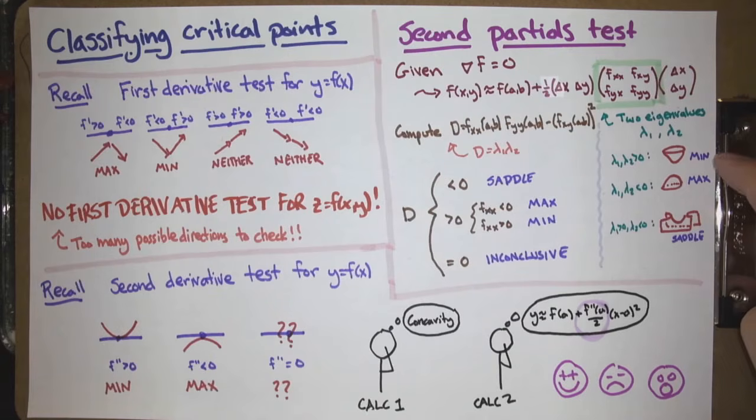So you look like a minimum. If both your eigenvalues are negative, you go down in all directions, you look like a maximum. But there's another interesting case which says, oh, in some direction you go up, in a different direction you go down. That says you look like a saddle. So you're not a max or a min.